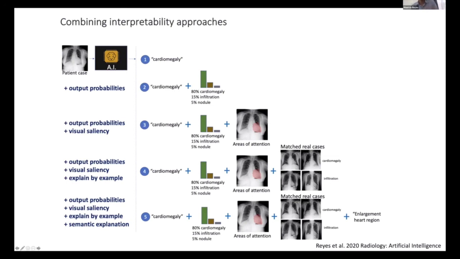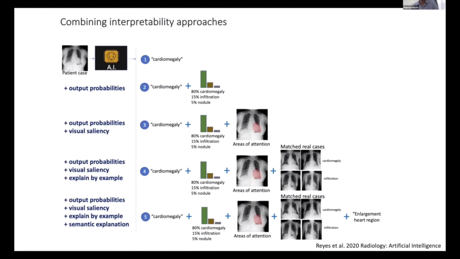We can also show matched real cases. I think this is an overlooked area in radiology, where doctors want to find real cases that match that condition in order to compare. So it can be used as a counterfactual example or as a similar example of the same condition.